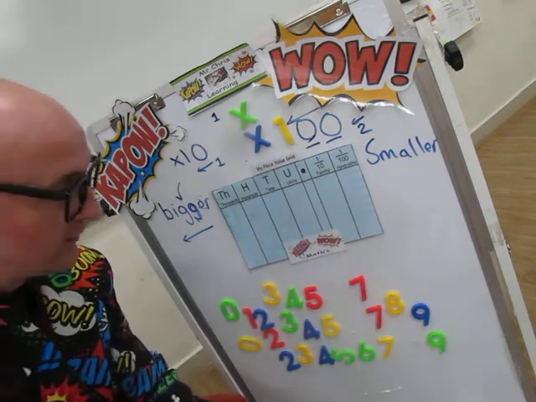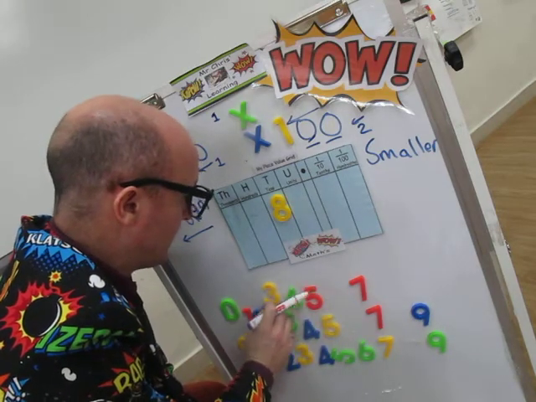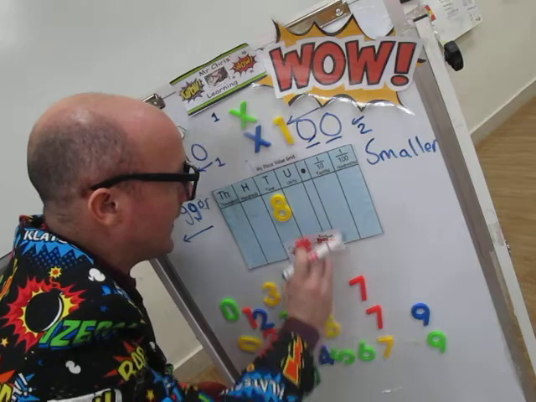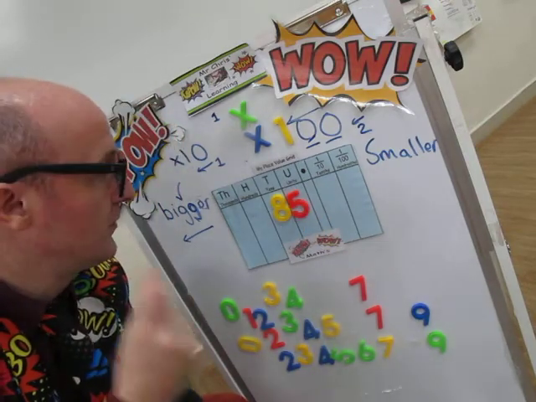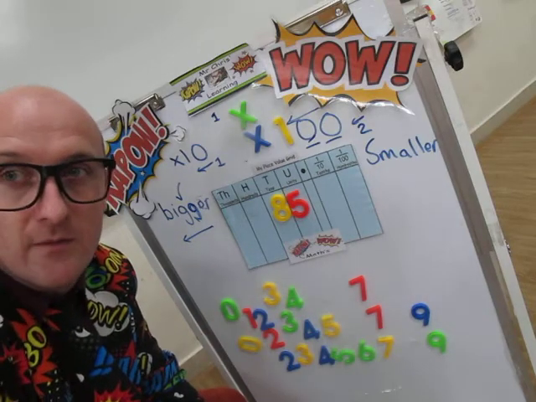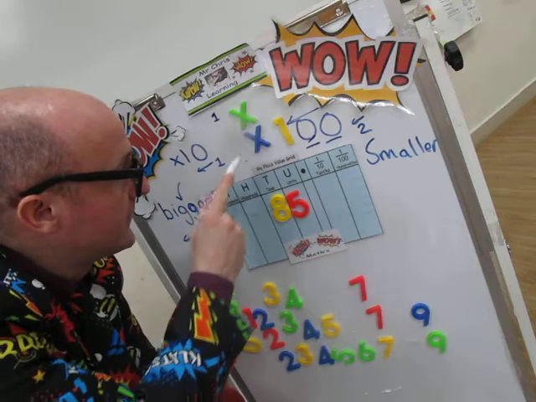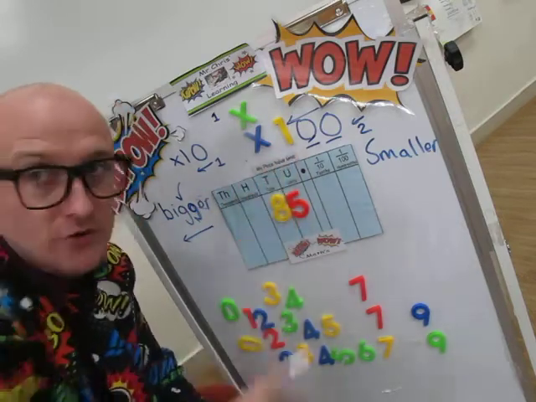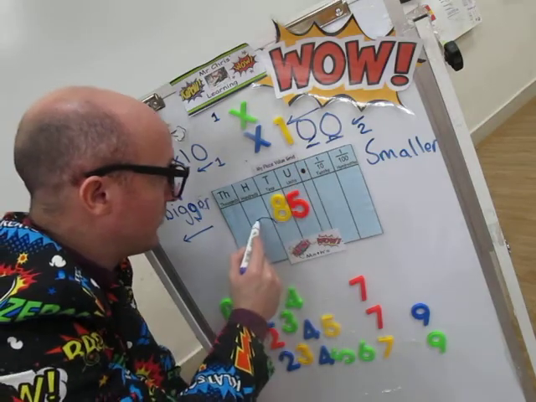So very important rule. Last one, let's do 85 times by 100. Go. Right, do we go left or right? Well done. Yes, we go left. How many places now? We times it by 100. Good. There are 2 zeros, so we move it 2 places. 1, 2.